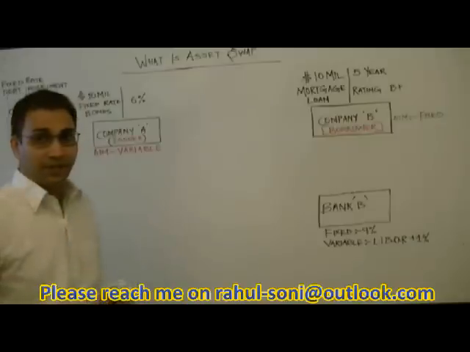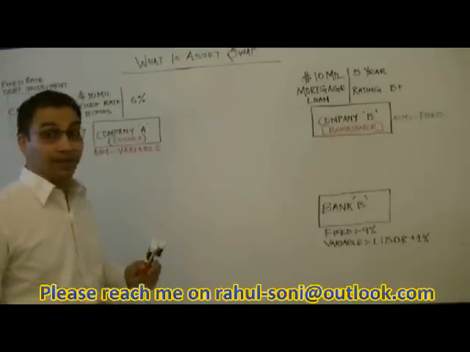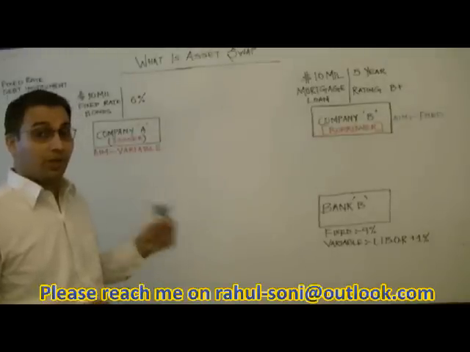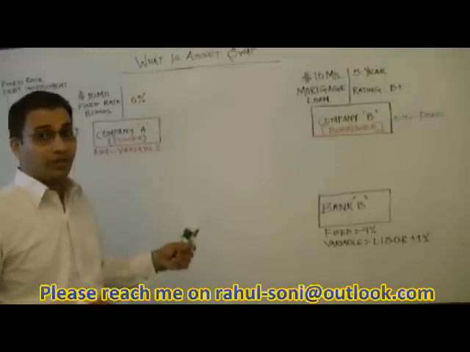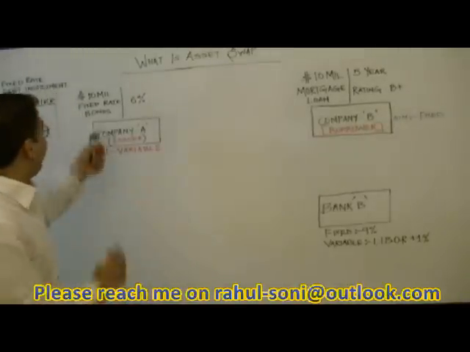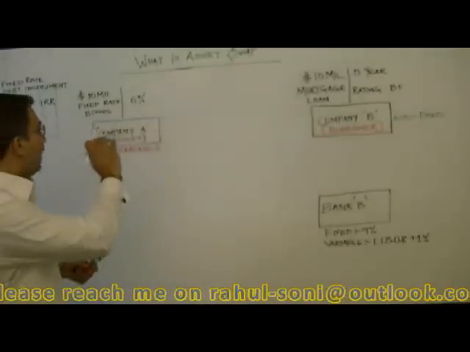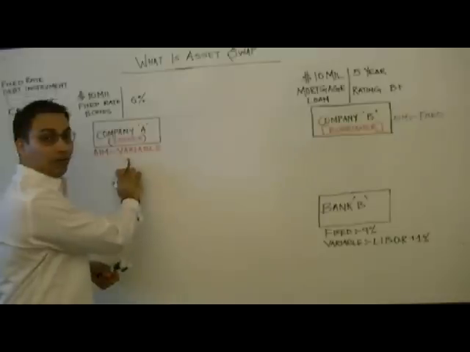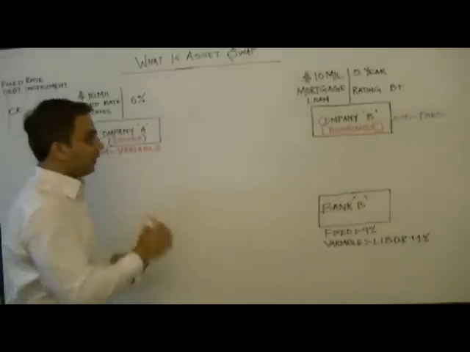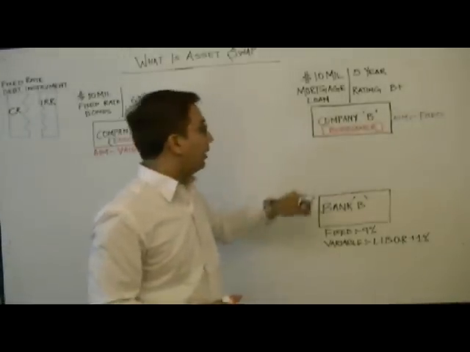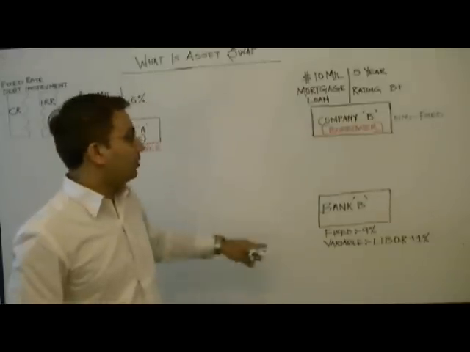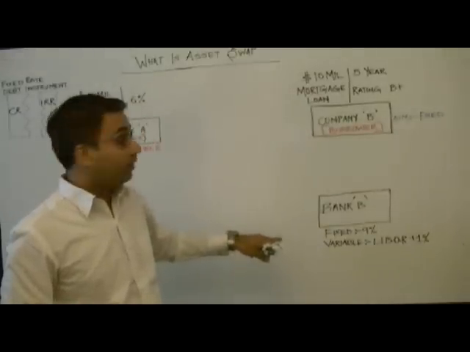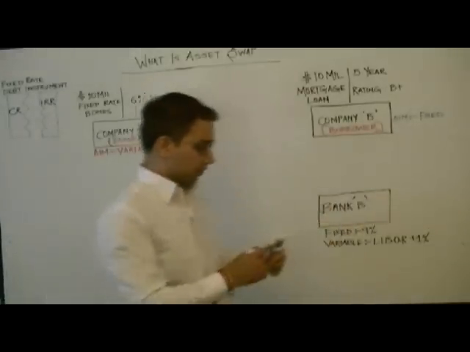And as we discussed earlier, the basic mechanism behind the asset swap is to separate the credit risk and interest rate risks embedded within the fixed rate debt instrument, and then that fixed interest rate to be swapped with the floating, the variable interest rate. Company B, for obvious reasons, is only willing to go with the fixed rate of interest.